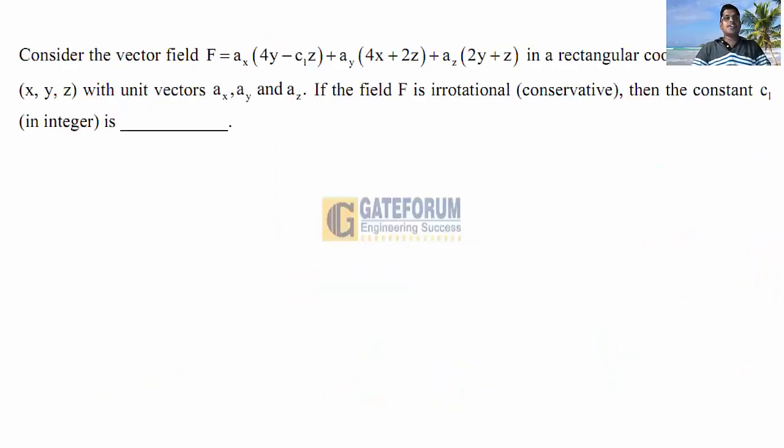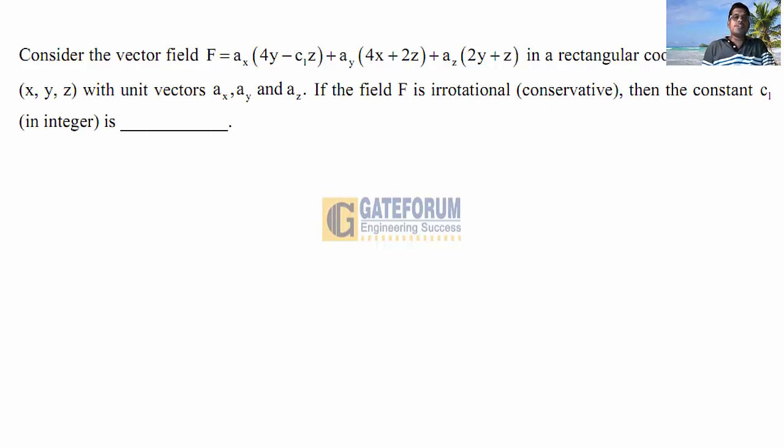The question is, consider the vector field F equal to ax into 4y minus c1 z plus ay into 4x plus 2z plus az into 2y plus z in a rectangular coordinate system x, y, z with the unit vectors ax, ay and az. If the field F is irrotational (conservative), then the constant c1 in integer is.